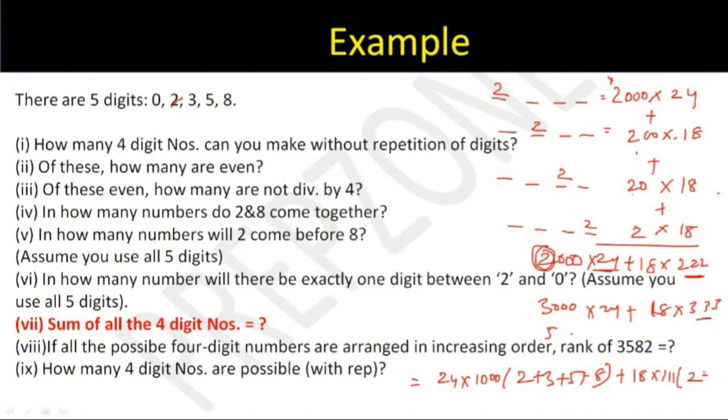Again, you will have 2 plus 3 plus 5 plus 8. And then you will solve this. This would be your final answer. Clear, everyone? How do we solve such questions? This is the only method to solve it. Yes, sir. Clear.